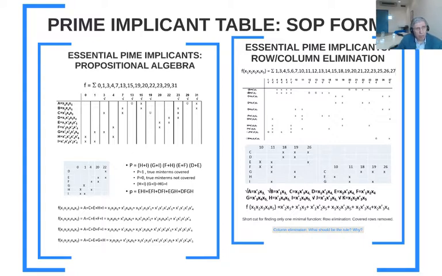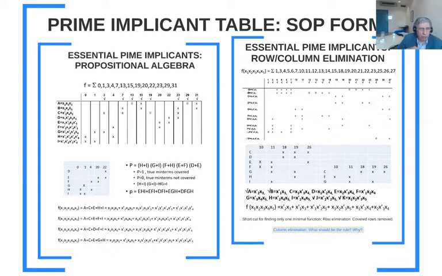How are we going to find the minimal number of prime implicants? In the previous example, we did it by hand. There was no systematic method to find out this coverage.